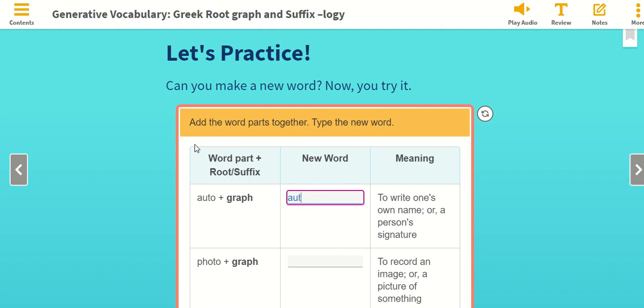So our new word is autograph, which means to write one's own name or a person's signature. If something is automatic, it happens on its own. So when you get the autograph of someone famous, they are writing their own name.